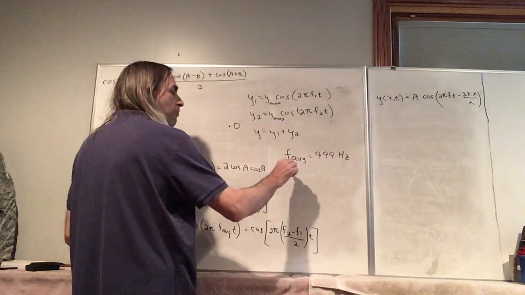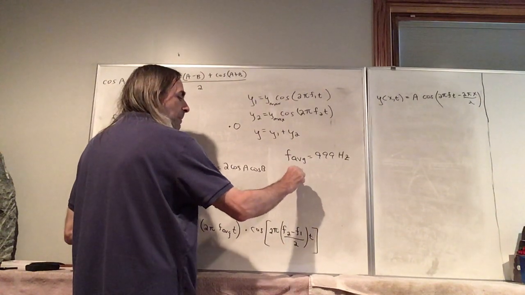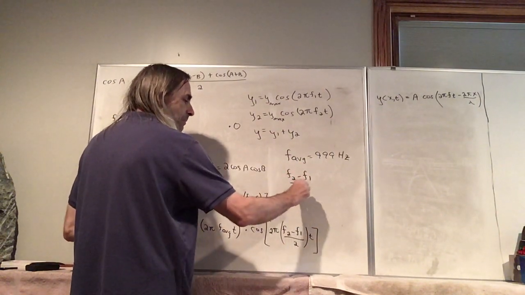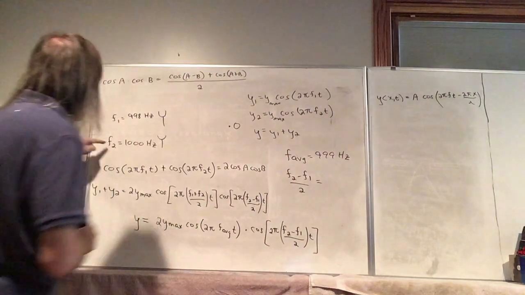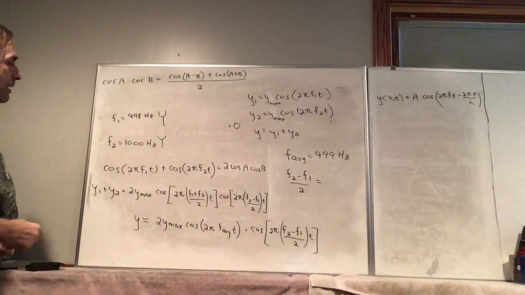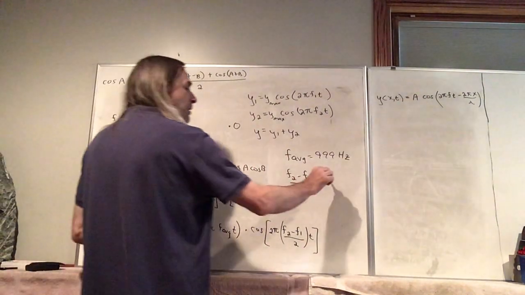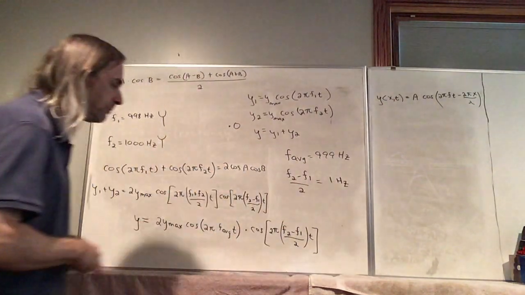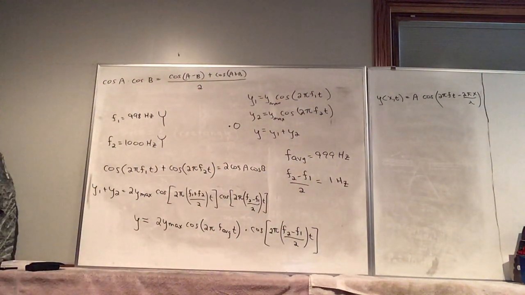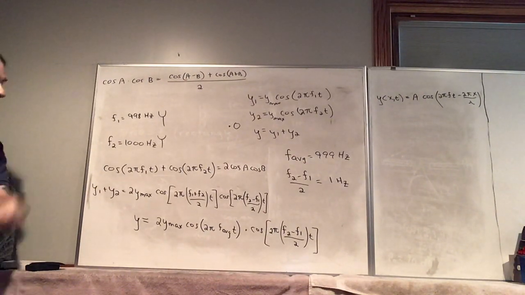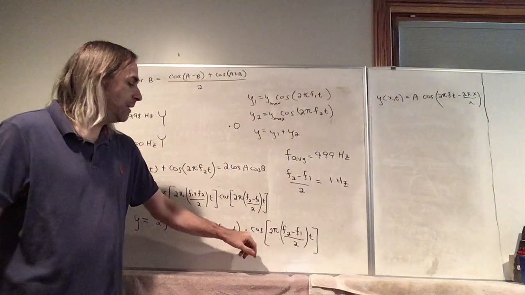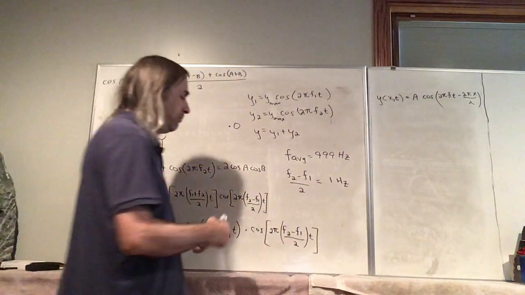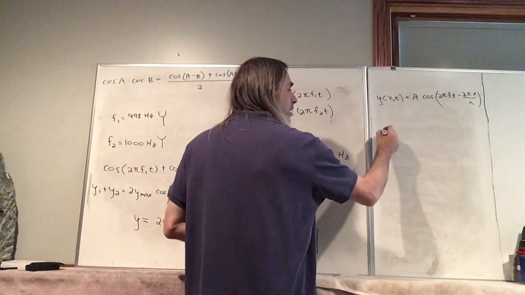Let's look at f2 minus f1 over 2. F2 minus F1 is 2 hertz. Divided by 2, this is 1 hertz. And so 1 hertz, that's 1 cycle per second. So we have a cosine of this, let me write it here.